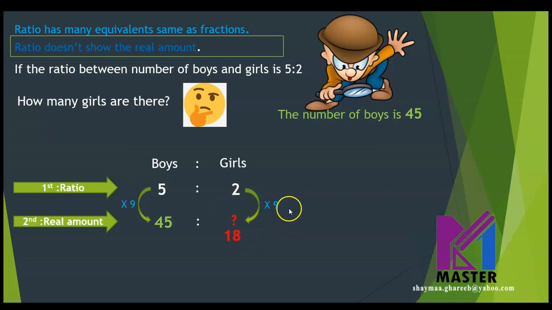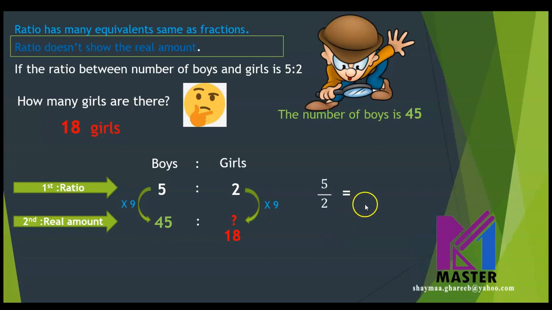This is what we call proportion, because I have two ratios and they must be equal. First, the numbers, which is 5 to 2, I will show it to you as a fraction. So the ratio between boys to girls is 5 to 2, in fraction form.